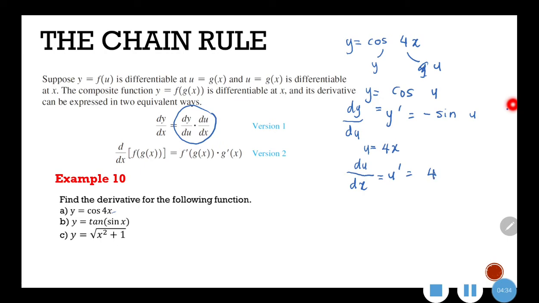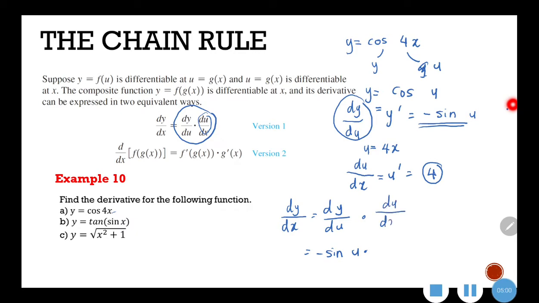So according to this method, what you should do is dy/dx equal to dy/du, which is minus sin u, times du/dx. du/dx here is 4. So for this one, it is minus 4 sin u.